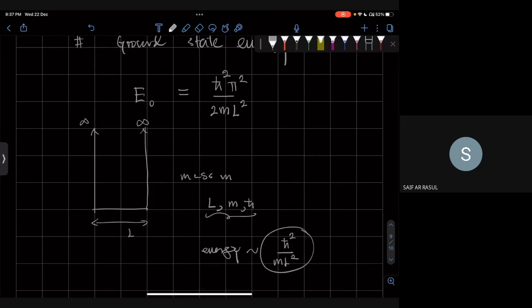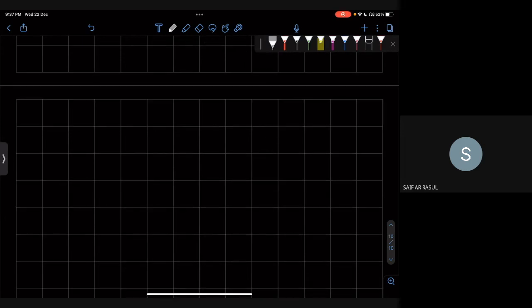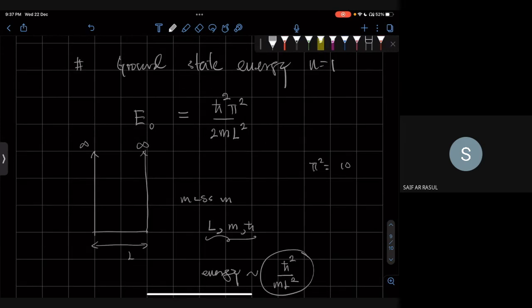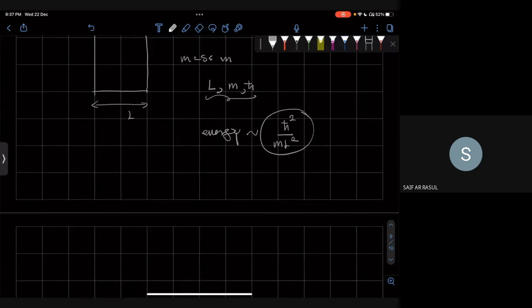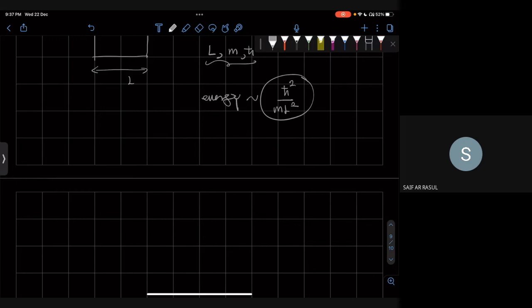So this is the power of dimensional analysis. So, what is pi squared? It's about 10, right? Or between 9 and 10 or 11, I don't know. So up to some order 1 constant, you could guess what the ground state energy was, right? So this is known as dimensional analysis, okay? This is the physicist's best friend.